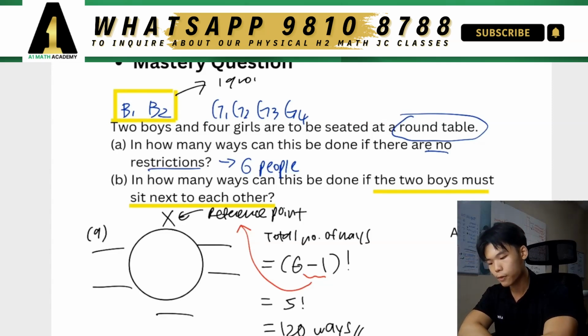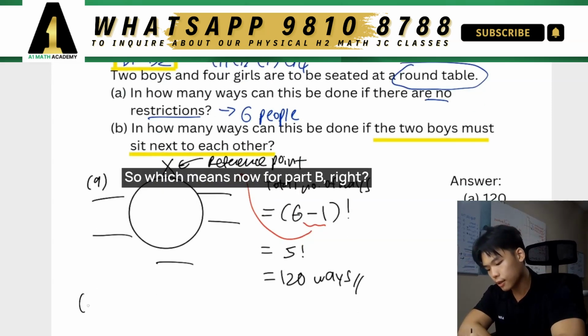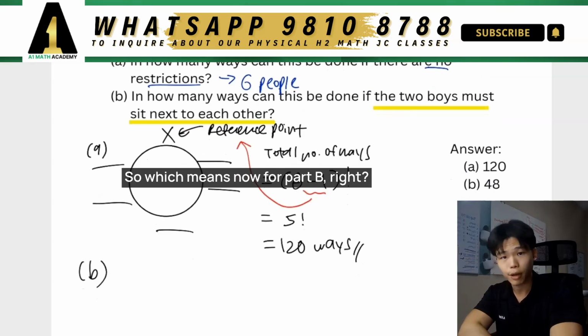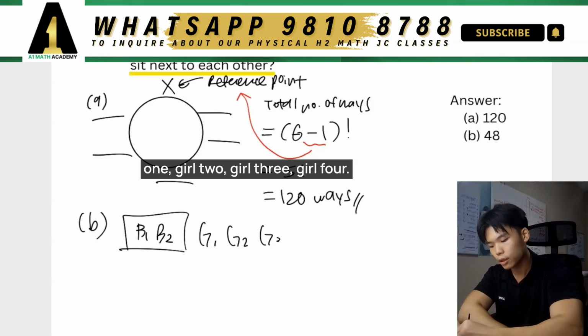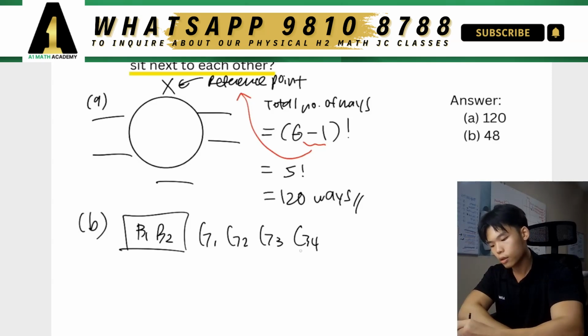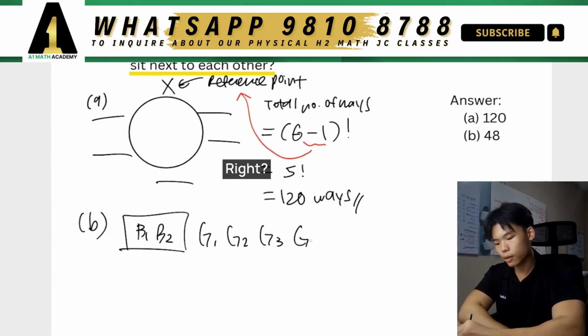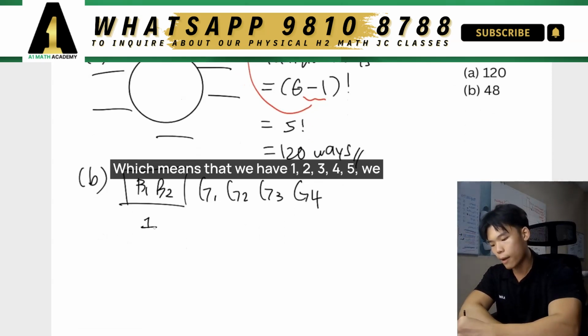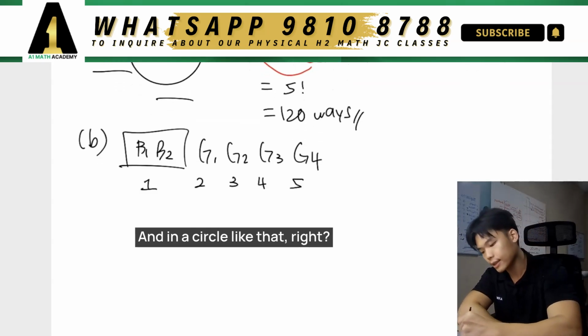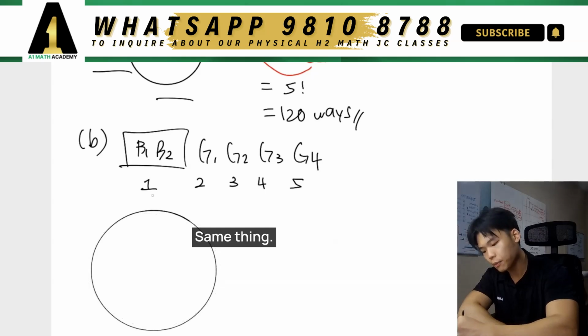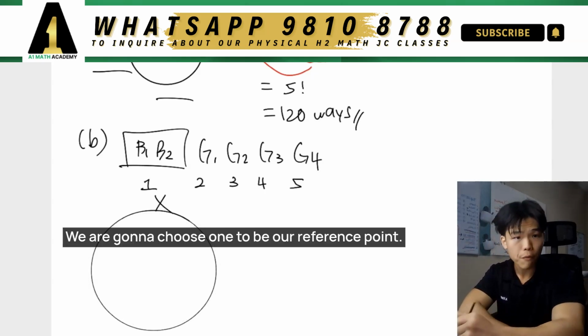So for part B, we have the boys as one group, and girl 1, girl 2, girl 3, girl 4, which means that we have 5 distinct groups or people. In a circle like that, same thing, we are going to choose 1 to be our reference point.